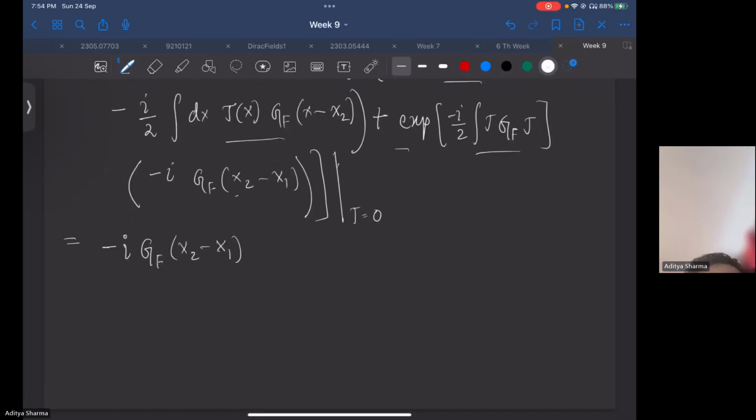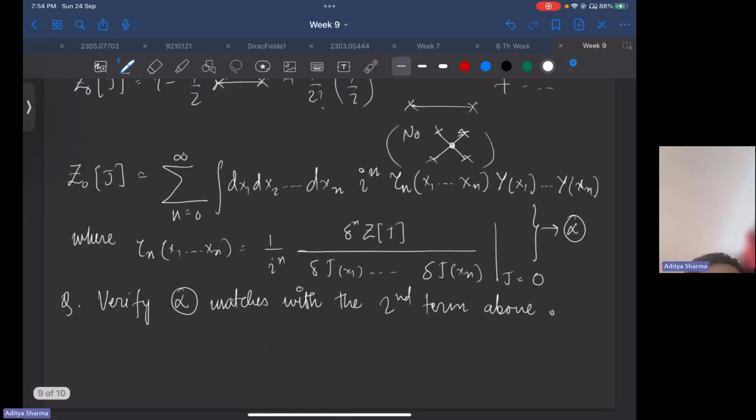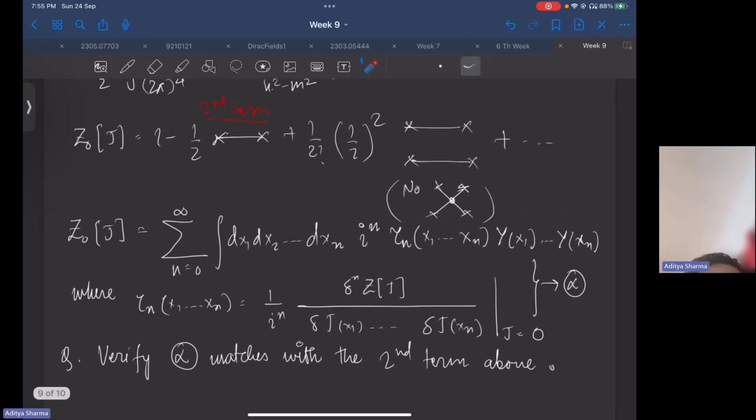Okay, now we are going to put this here, put this in this expression in the second term of the series. So now we are going to put what we got in here, and for the second term this is i squared, and we had a minus sign, so minus minus cancel.